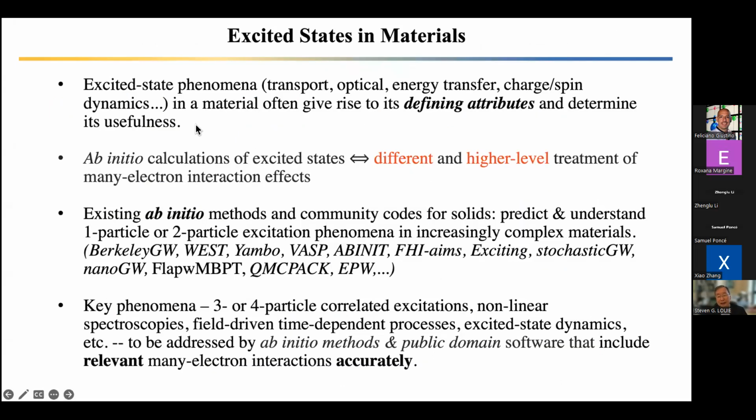What we're interested in is, in many cases, excited state phenomena, such as those you measure in transport, optical, energy transfer, or charge and spin dynamic processes. And these are important because very often this kind of property gives rise to the defining attribute of a material and determines how useful it is.